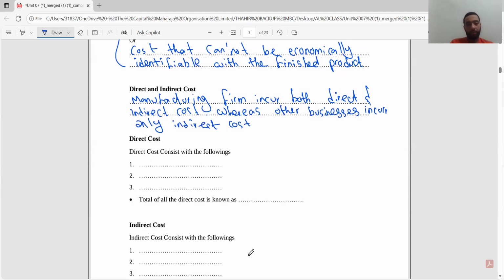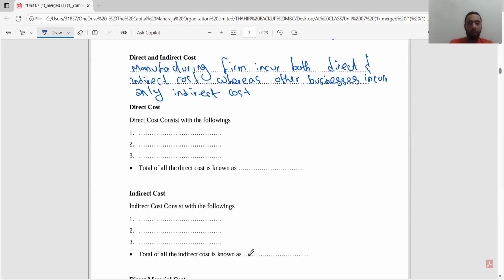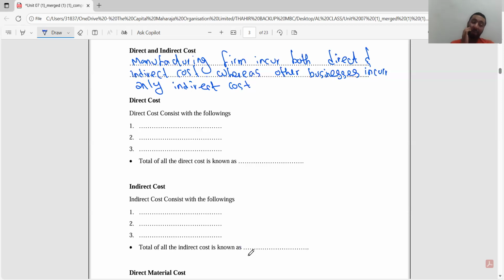Right? Now we are moving on to the main part. Right? So this is the main part.